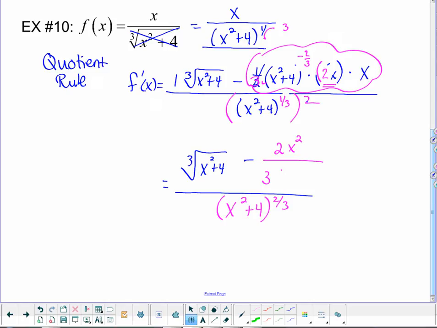So I'm going to have cube root of x squared plus 4 raised to the second. Now, ideally, we should really get the top into a fraction that works all together. But I know this video is getting pretty long, so I'm going to leave it there. And in class, we will take it one step further.